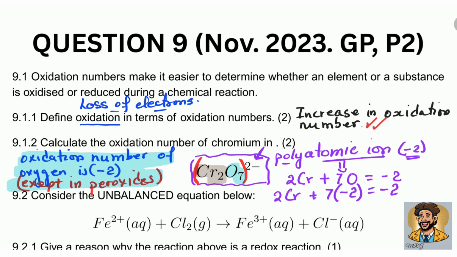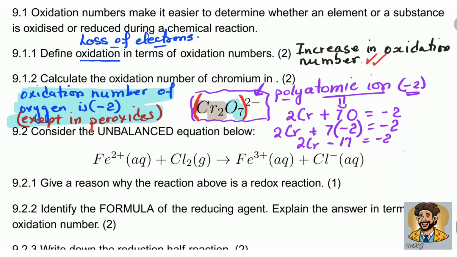This is not a peroxide. And this is mathematics: we have 2Cr minus 14 is equal to -2. Correct? So you rearrange this one, you get that 2Cr is equal to -2 plus 14.